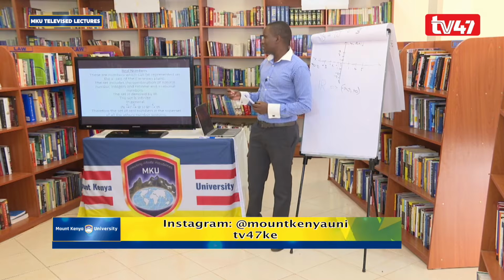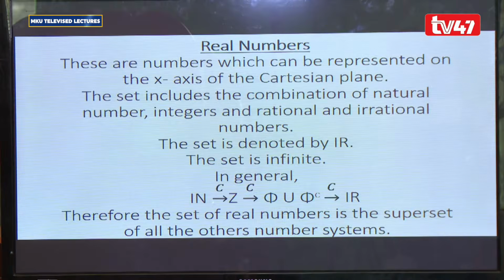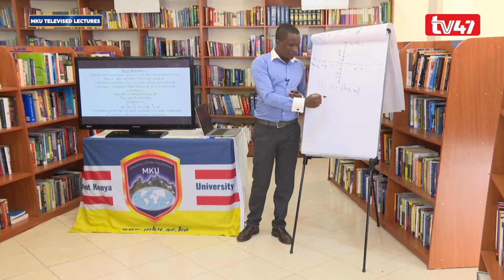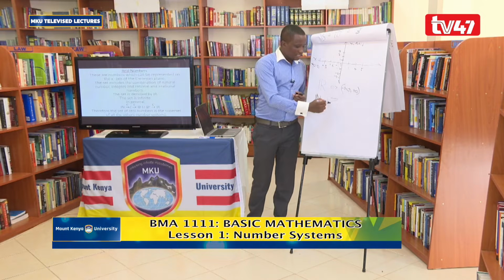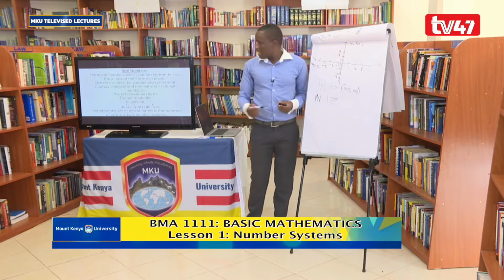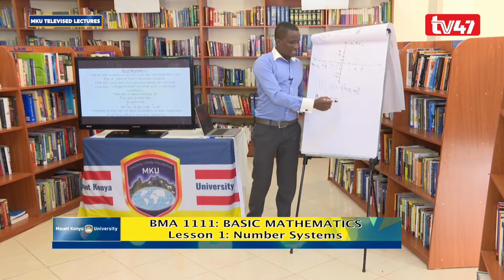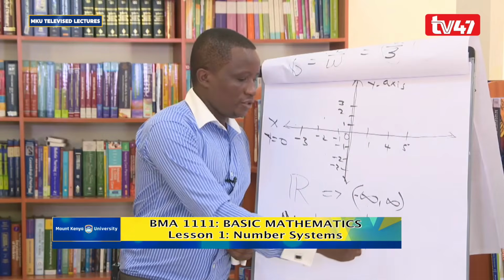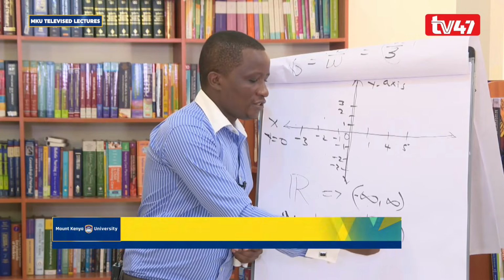Now, the set of real numbers means that we have combined all the number systems that we have. The set of real numbers R consists of natural numbers, then it also consists of the set of integers, and then it also contains the set of rational and the set of irrational numbers.